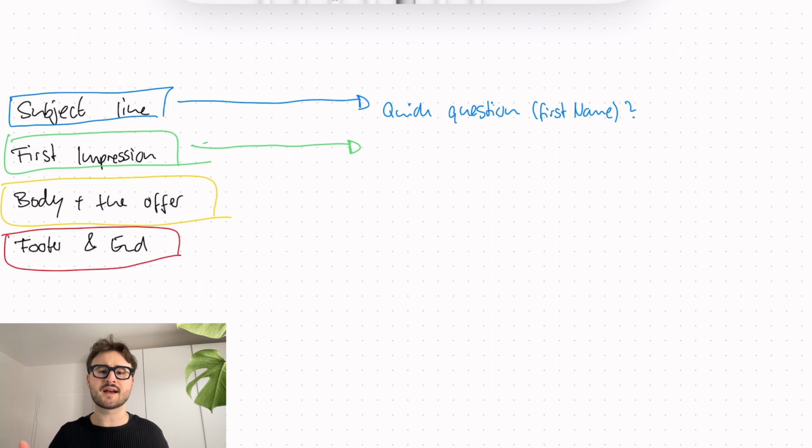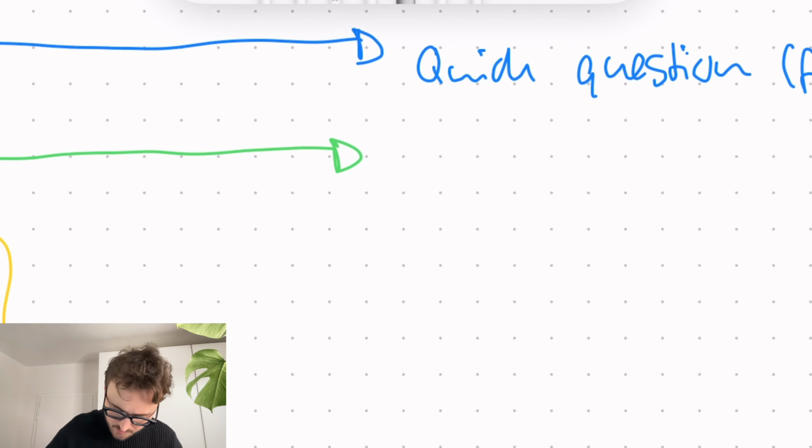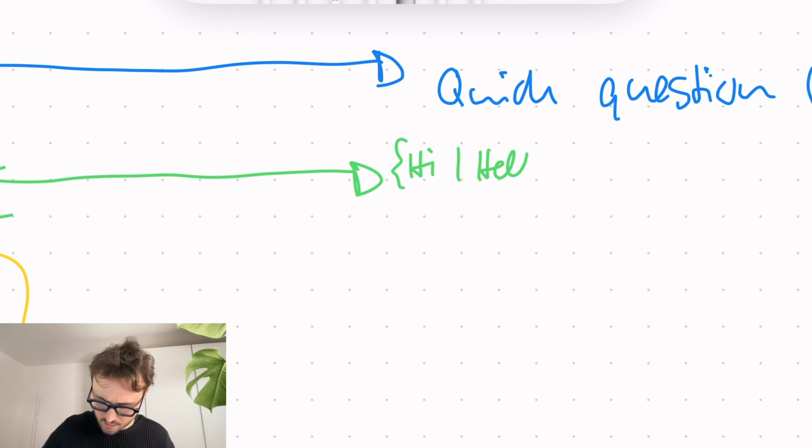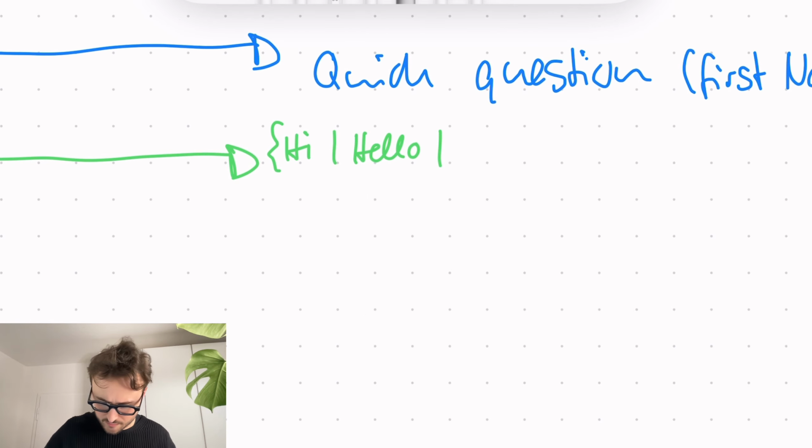Use something called spin tags. Spin tags is that you randomly put in variables so that the email provider, the email program you're sending the cold emails with, so that can be Lemlist, Instantly, Smart Leads, all those email providers, randomly split them around. This has the benefit that you are not going to spam because every email looks a little different. Then very simple, just put in something like spin tags: hi, hello, then let's do what's up.